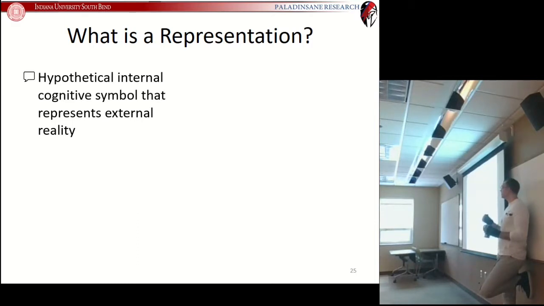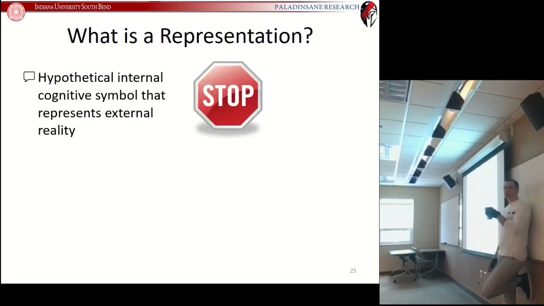We don't know if it exists. We hypothesize that it does. It's a theory, but it's an internal symbol that stands in or represents for an external reality. So there's something real in the external world, and in our minds, we have a symbol that stands in for that external thing.